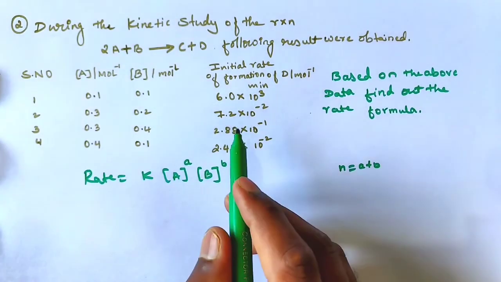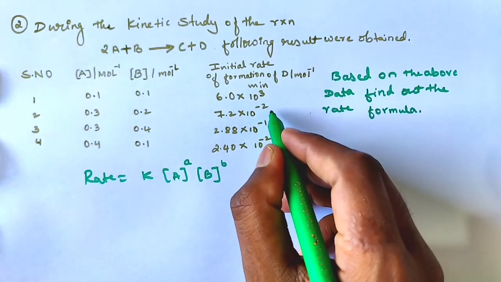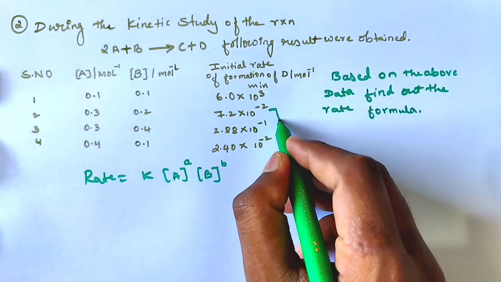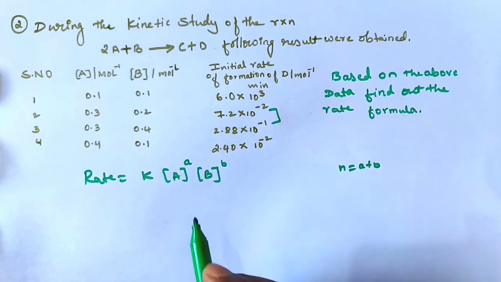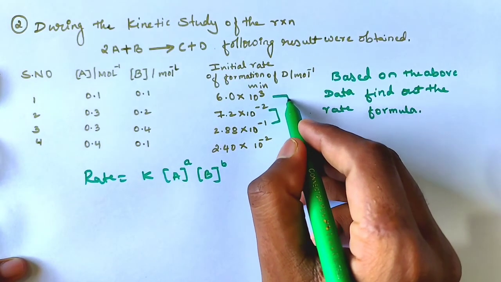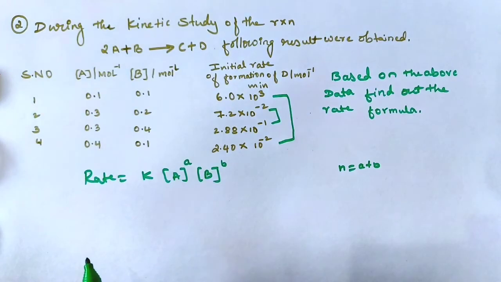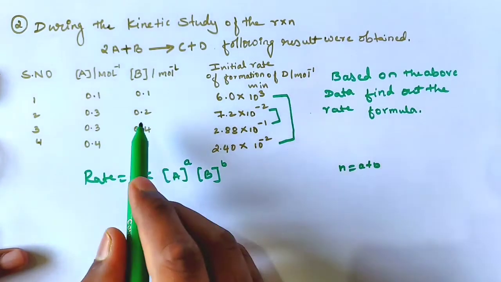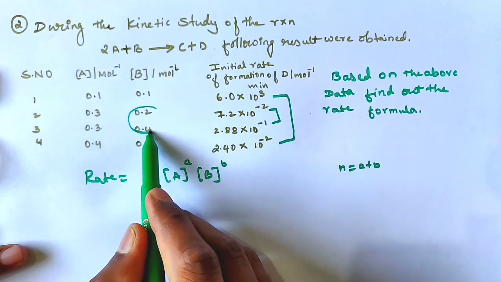From the given question, experiment number 3 and 2 can be divided easily, which will give the value of b. And when we divide experiment number 1 with experiment number 4, we will get the value of a. Why? Because here similar concentration they are having, and here there is a change in the concentration.